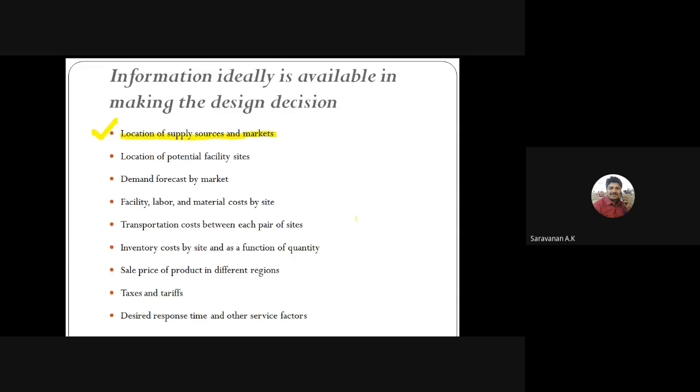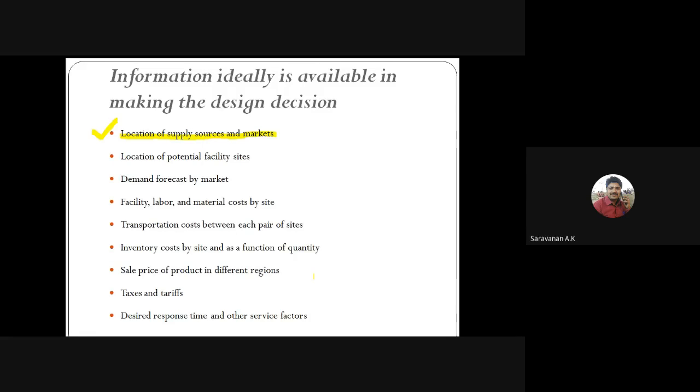So we need the transportation cost between each pair of stages. Then the inventory cost by site as a function of the quantity, right? What is the inventory? We have to store the materials in a particular facility, so the inventory will be more. So the inventory cost by location is information that has to be considered.